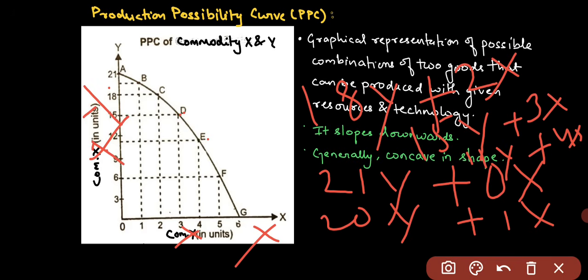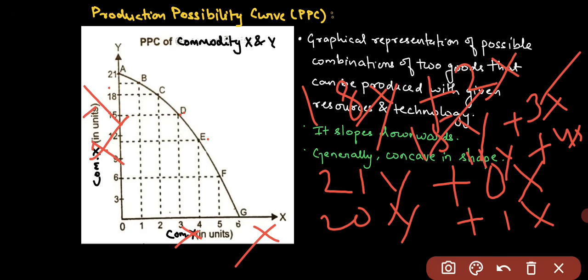You see here, to produce one more unit of X, 1X produced means we have lost 1 unit of commodity Y. 2X produced means we have lost how much? 3 units of Y. Similarly, 4 units of Y we are losing to get 1 more unit of X. So you see here, marginal opportunity cost or marginal rate of transformation increases.